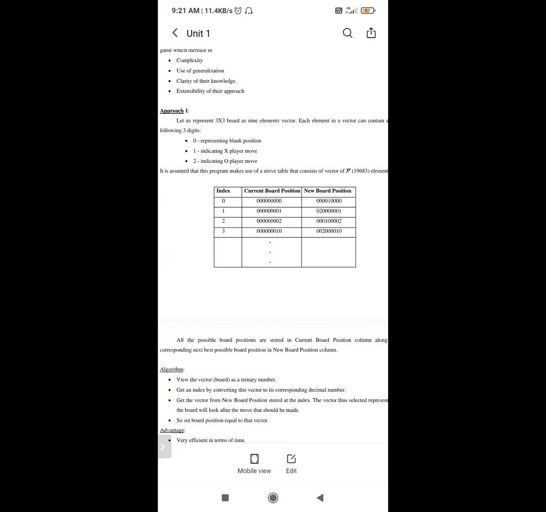First, this particular board has to be viewed as a ternary number. Next, get an index by converting this particular vector to its corresponding decimal number. That means every time a move is made, that particular move is to be converted to its corresponding decimal number.